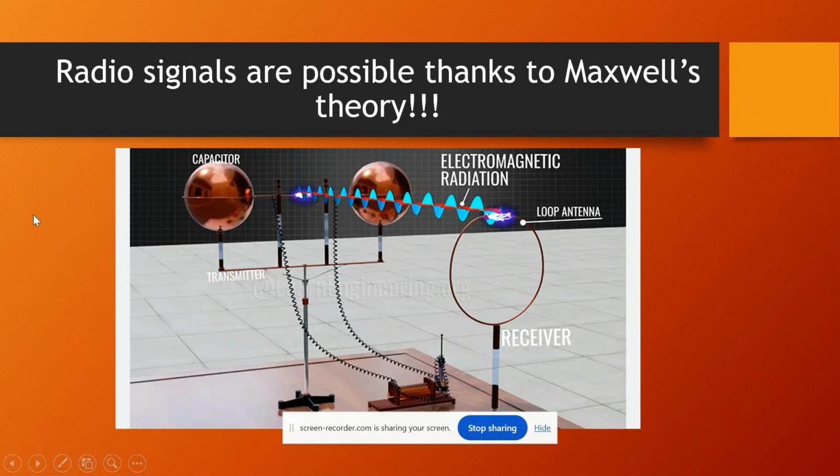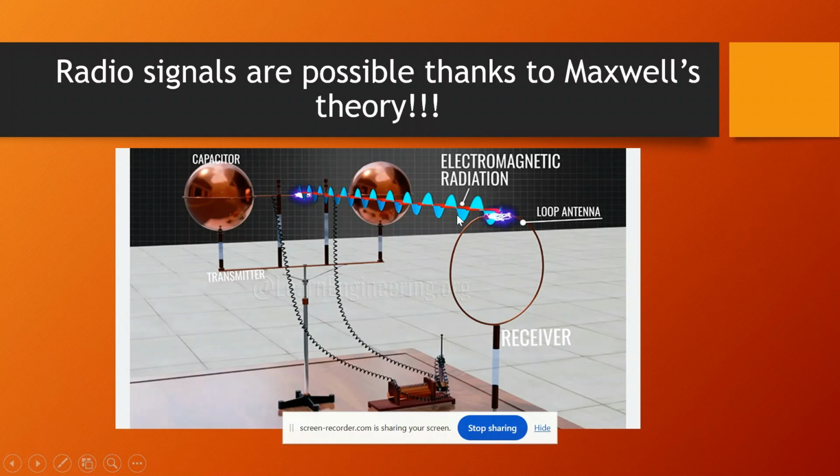The applications of the electromagnetic waves are tremendous. They can be applied, for example, in radio signals when the radio stations emit a certain frequency of electromagnetic waves. We have our radios at home, and we synchronize the frequency of our radio with the frequency of the radio station.